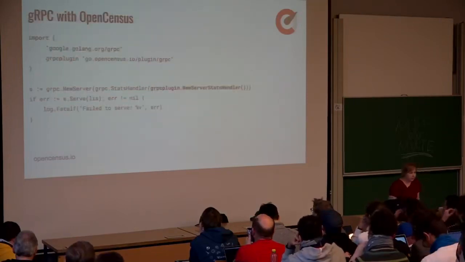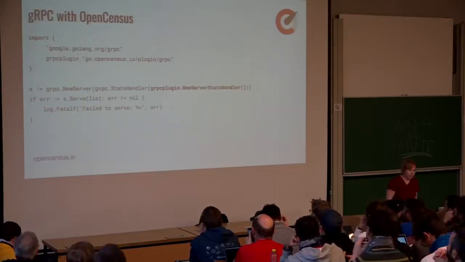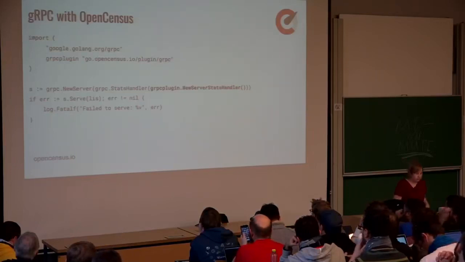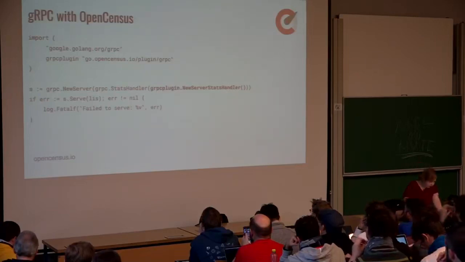Speaking of framework integrations, I just want to show briefly what it looks like for gRPC. At Google, we're also responsible for all the gRPC observability, and these integrations are what we are planning to use internally at Google. For now, you need to import this plugin and pass it as a stats handler to the gRPC client and the servers. In this case, we're looking at the gRPC server.